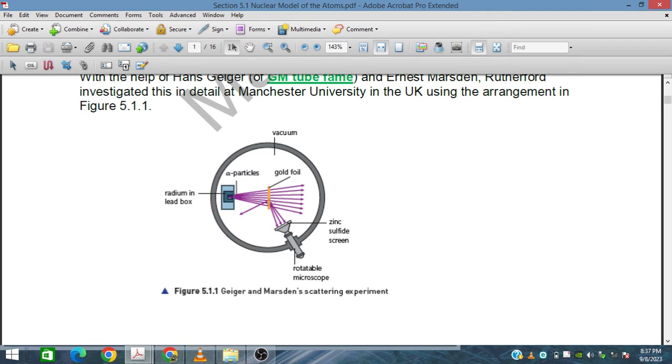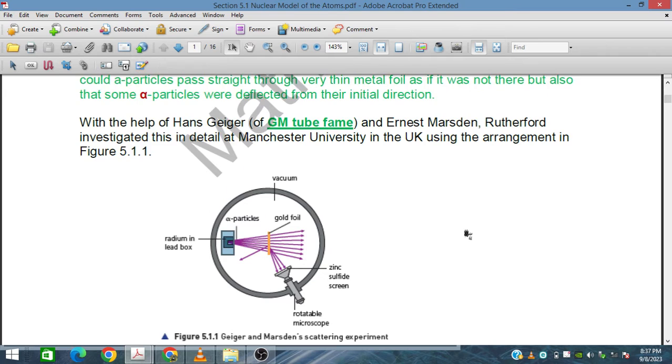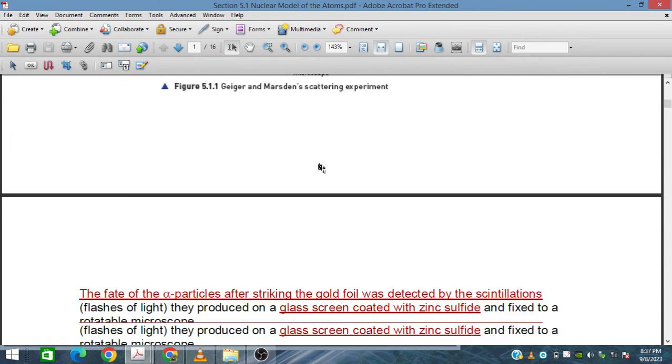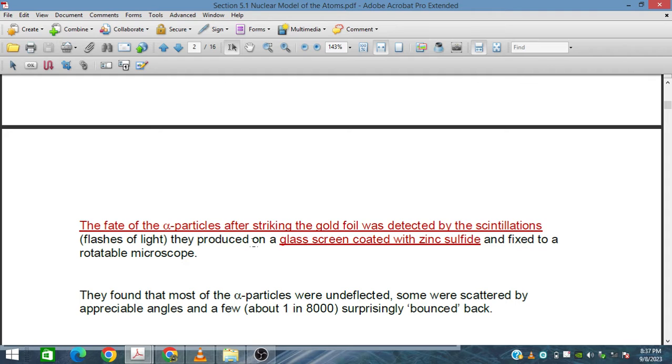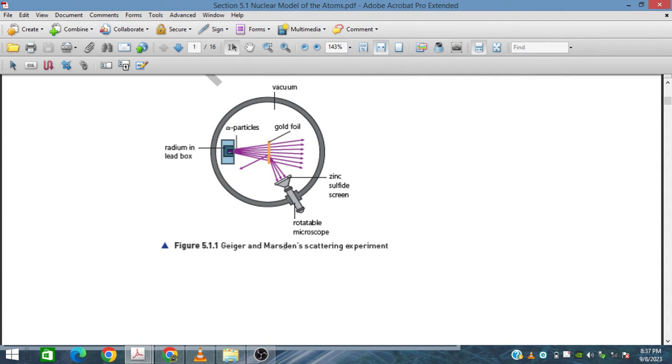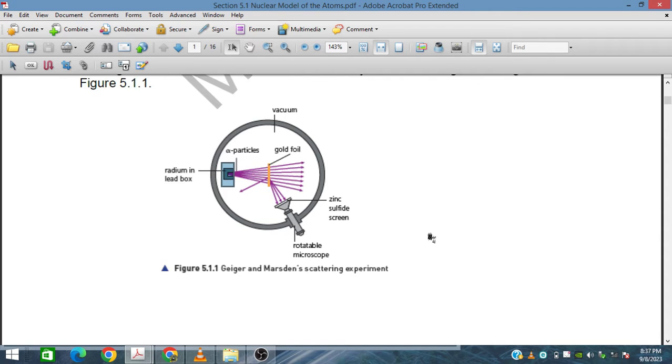The fate of the alpha particles striking the gold foil was detected by the scintillations they produce on a glass screen coated with zinc sulfide and fixed to a rotatable microscope. Some passed through, some were deflected, and some were reflected.